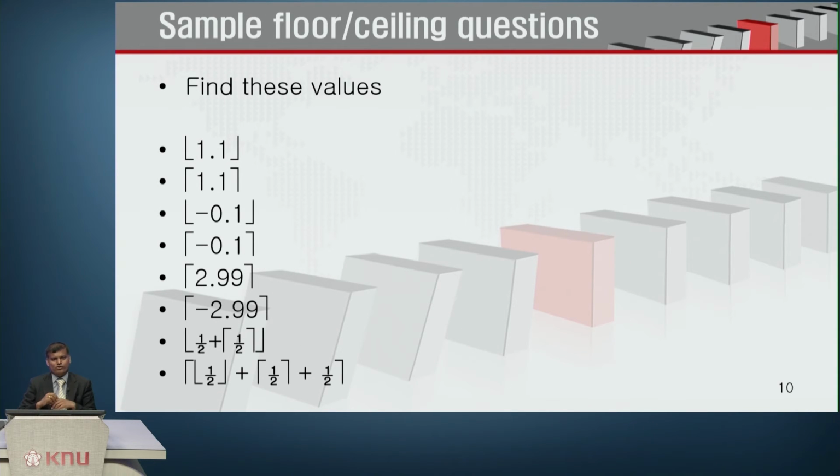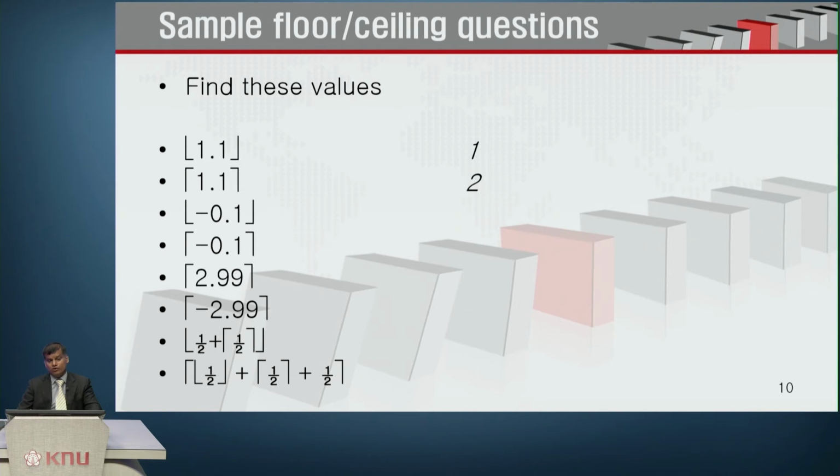Well, now it's time for us to see some examples. So, sample floor and ceiling questions here. Find these values. For example, the floor of 1.1. Well, that's 1. And the ceiling of 1.1 is 2.